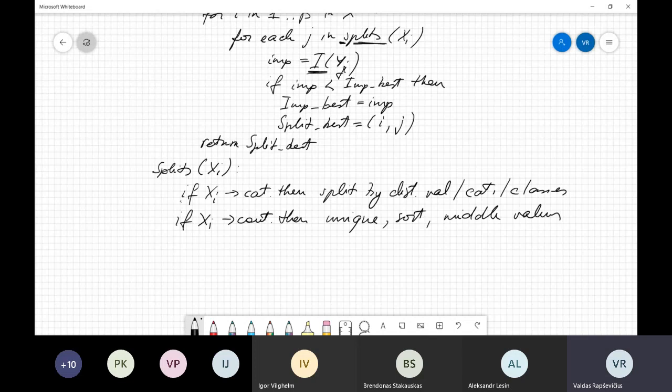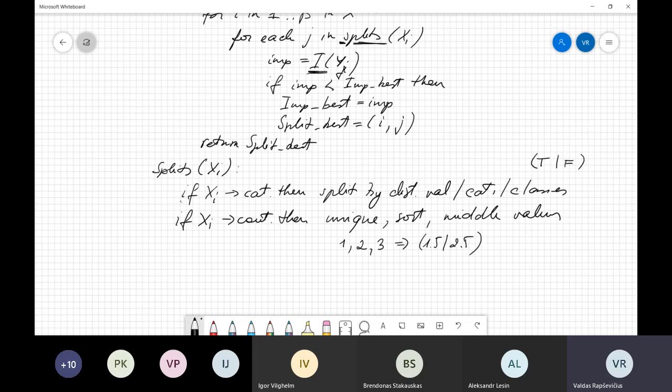So if we had 1, 2, and 3, we would return 1.5 and 2.5. These are middle values, right?